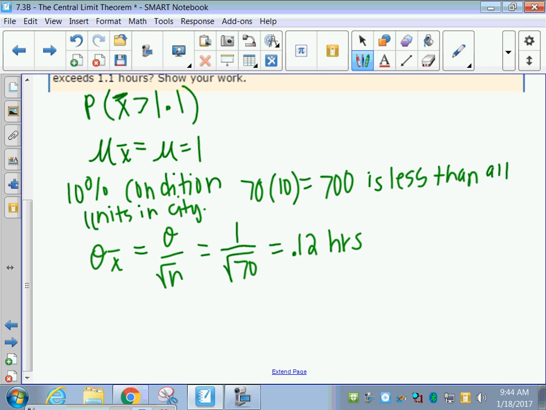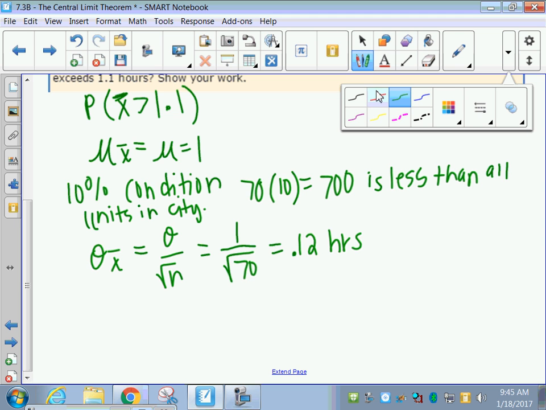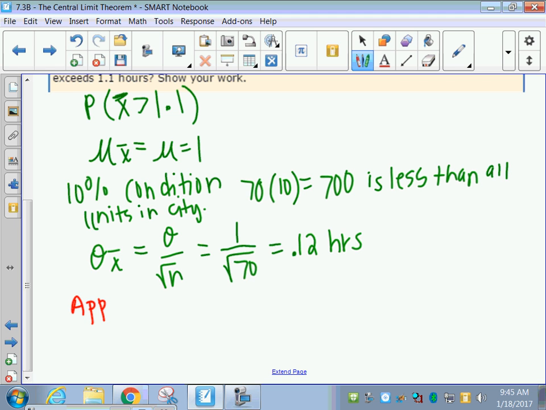Okay. Then we want to use our normal conditions, but we need to check the normal conditions. So if we were doing proportions, we would do the n times p greater than or equal to 10, n times 1 minus p. But for this one, we do the one we just learned, right? And so it is approximately normal. We need to say that, right? So we can say it's approximately normal, our distribution.